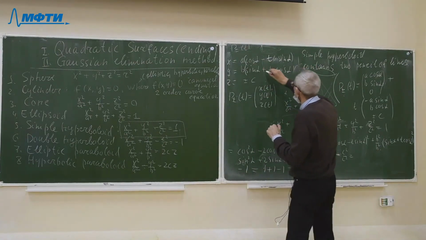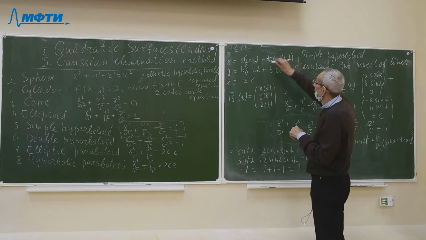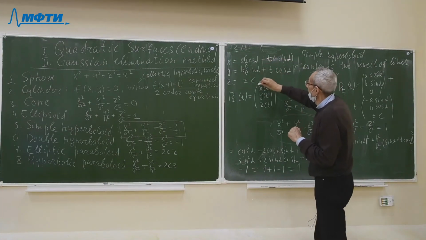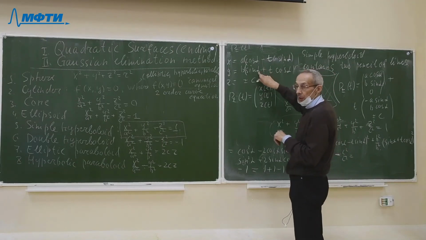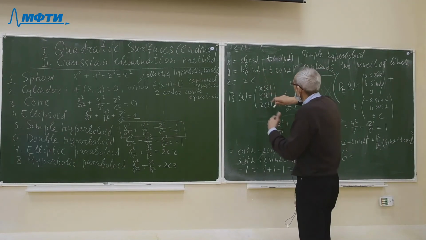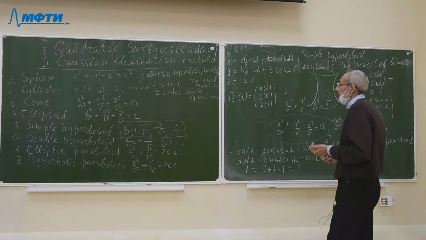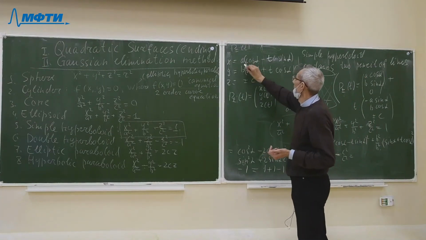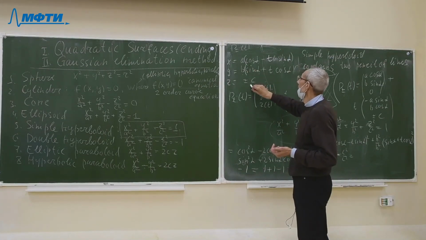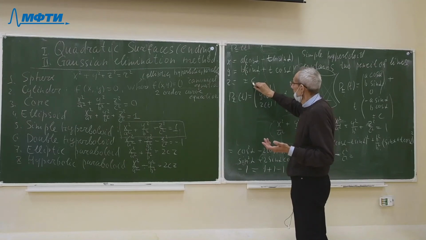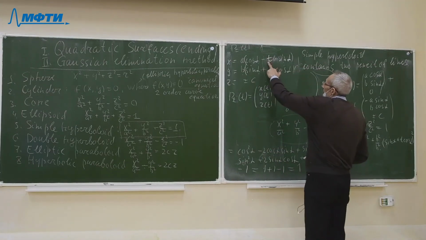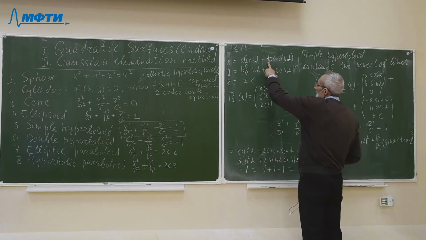It is easy to see that this line for fixed alpha is a straight line. If we fix the parameter alpha, we obtain the straight line which passes through the point with coordinates a cosine alpha, b sine alpha, plus or minus c, the initial point of the straight line. And we have the parameter t.